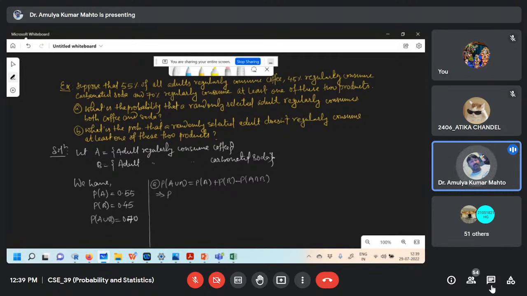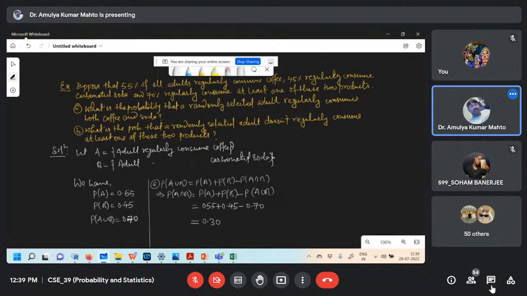Both means A and B. Intersection means and. So probability of A intersection B equals probability of A plus probability of B minus probability of A union B. You have all these values. Probability of A is 0.55, probability of B is 0.45, minus probability of A union B, which is 0.70. You can calculate this value. This is going to be 0.30.